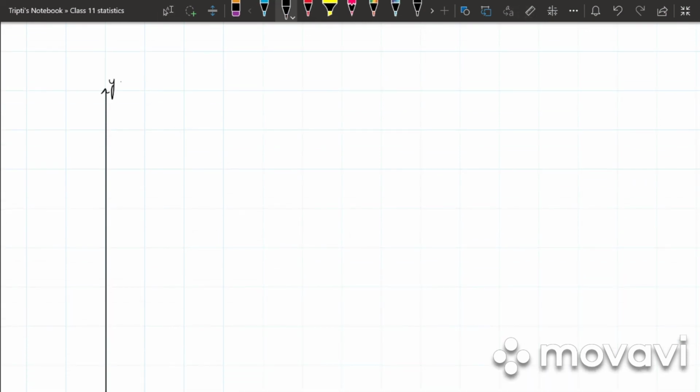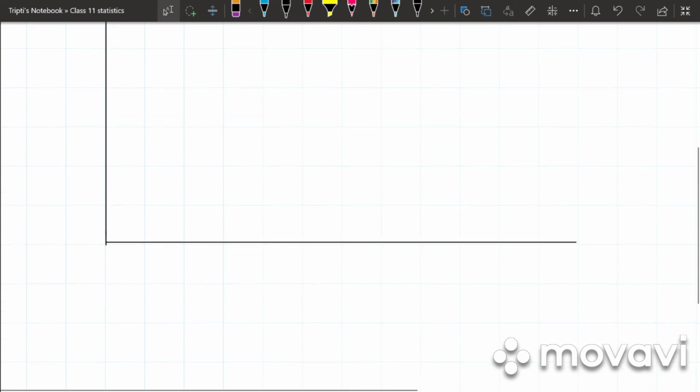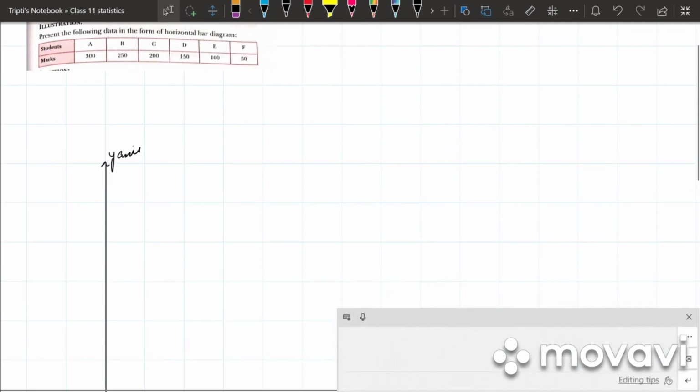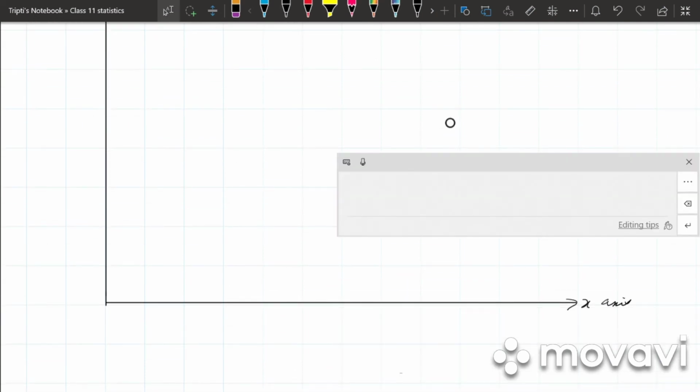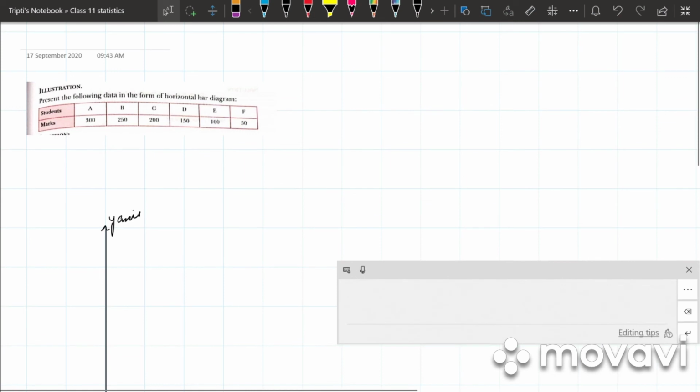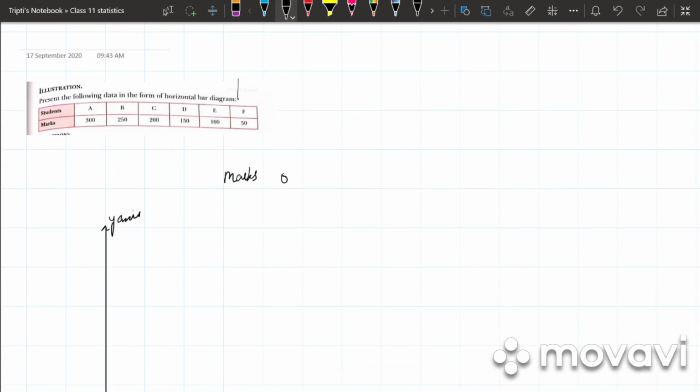So this will be a y-axis. This will be a x-axis. So what will be the heading? It is marks obtained by students. Below this we will be writing horizontal bar diagram.